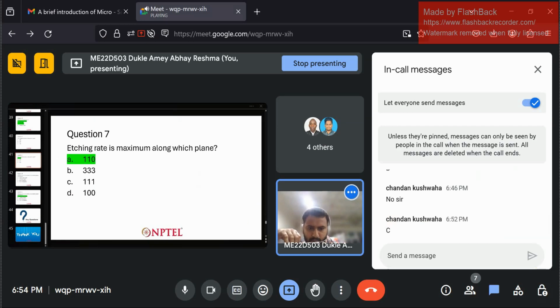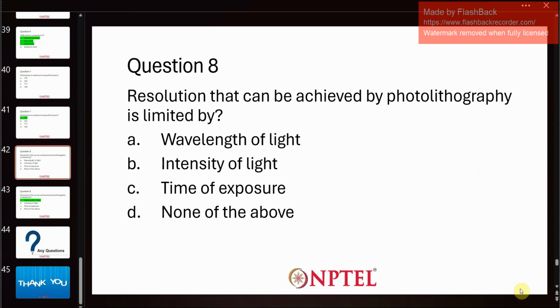So moving to the next question: the resolution that can be achieved by photolithography is limited by. Resolution is basically how well you can separate two objects visually.